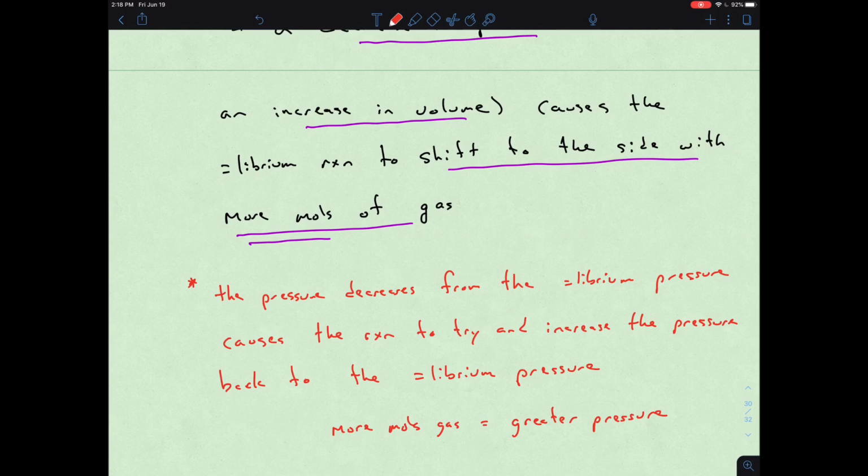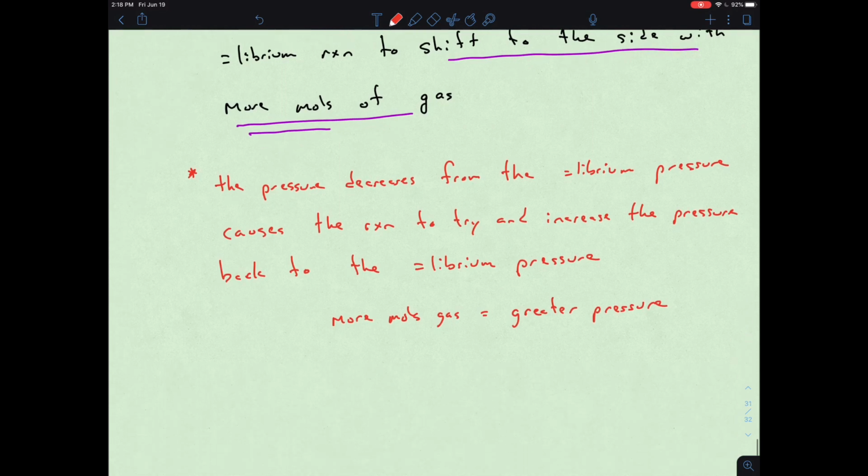And so as an example of that, we could look at the reaction of 2 sulfur dioxide plus oxygen gas produces sulfur trioxide.